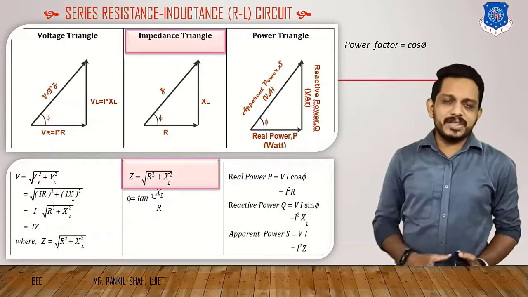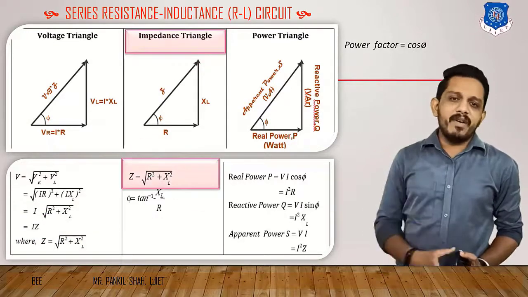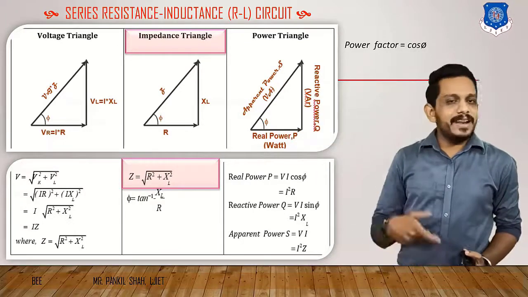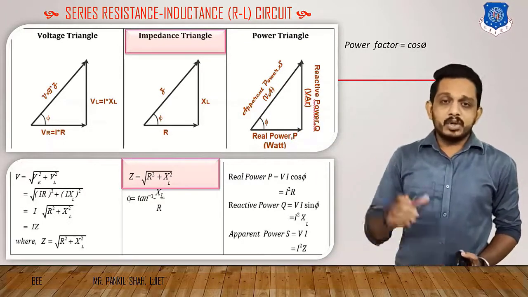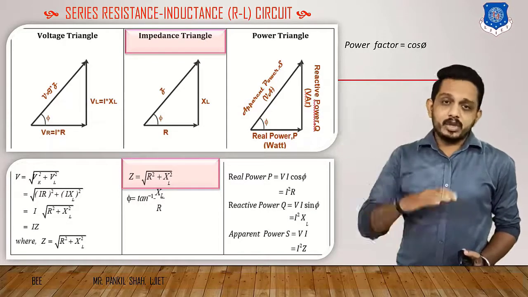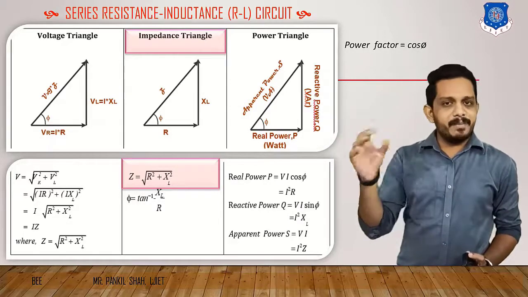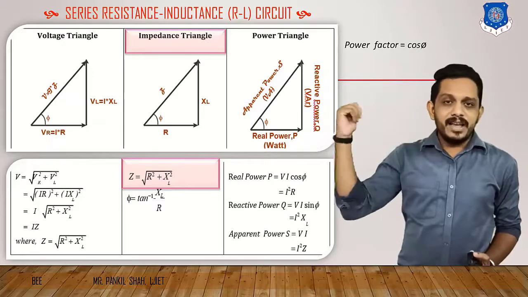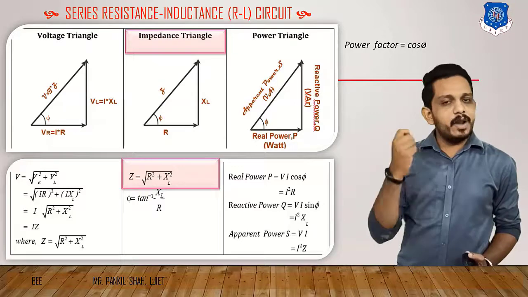Next is the impedance triangle. If we divide each side of this voltage triangle by I, then we get the impedance triangle. Here it was IR. If we divide this reference side by I, then it will be R. Here it was IXL. If we divide that side by I, then it will be XL.